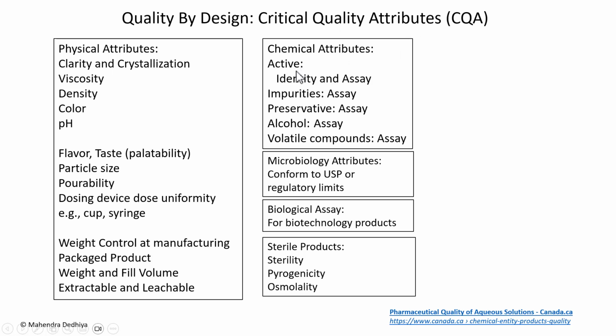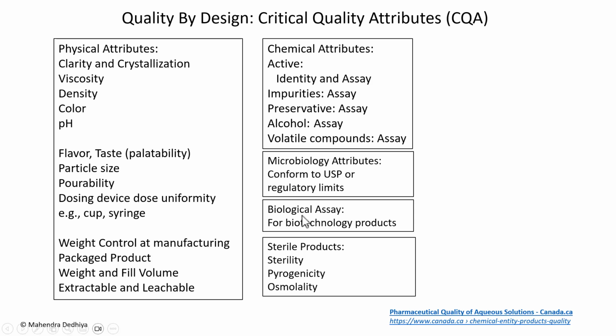Chemical attributes are active identity and assay, impurities. What are the impurities? Assays of the preservative, alcohol, and similar volatile compounds. We need to assay them to make sure that they are at the concentration required in the product. Microbial attributes: solution product needs to be preserved. Microbial attributes need to conform to USP or regulatory limits.